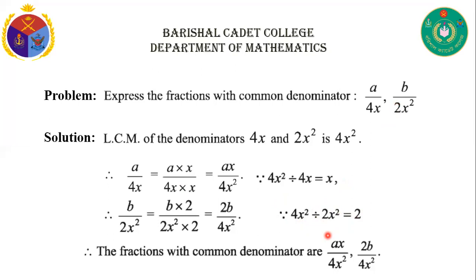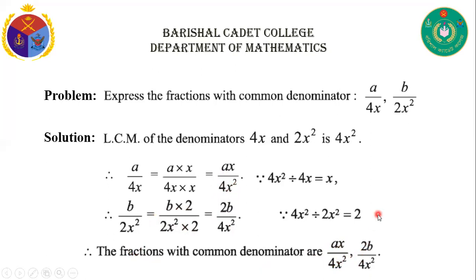Then b by 2x squared becomes b into 2 divided by 2x squared into 2, that is 2b divided by 4x squared. So both fractions now have the common denominator 4x squared: ax divided by 4x squared, and 2b divided by 4x squared.